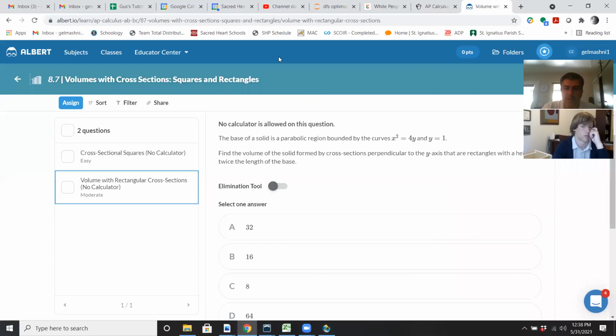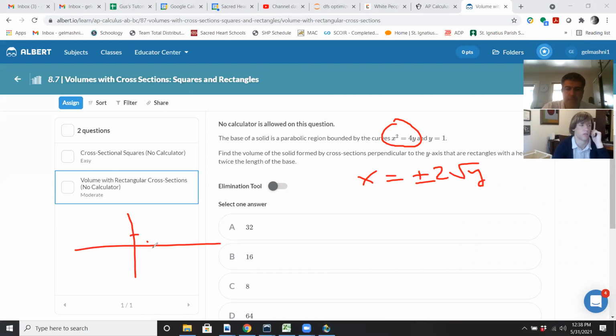So what you're going to want to do here is get x in terms of y. And graphically, it's going to look kind of like this. When y is 1, x is 2. When y is 4, x is 4.